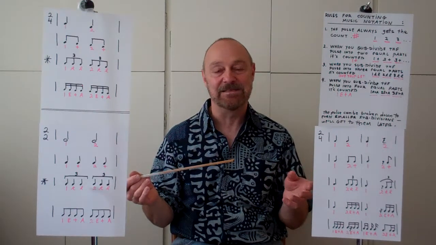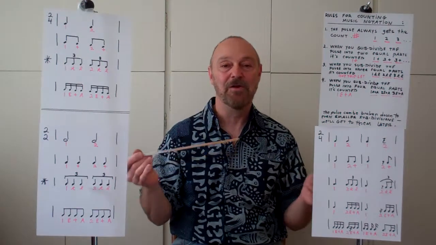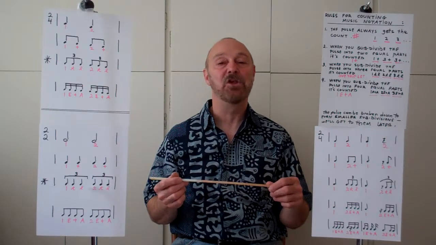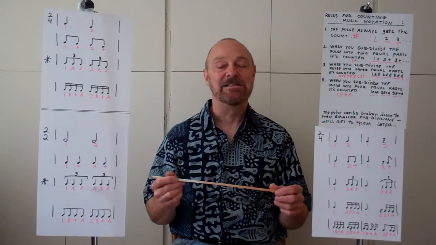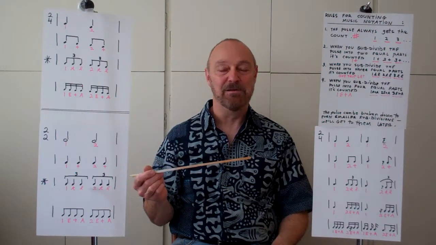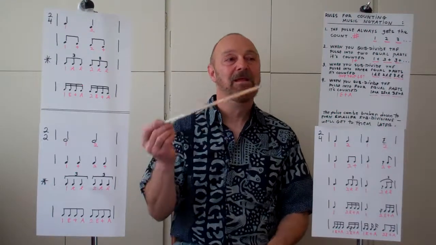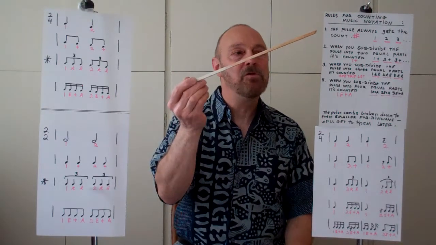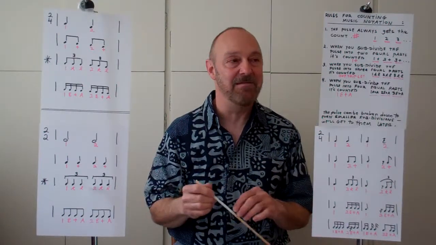So 16th notes would be counted 1, 2, 3. If I'm in a time signature of 2/8, then that's 2 eighth notes per bar. So 8th notes would be counted 1, 2. So here we go. First rule, the pulse always gets the count, and the time signature determines what that is.